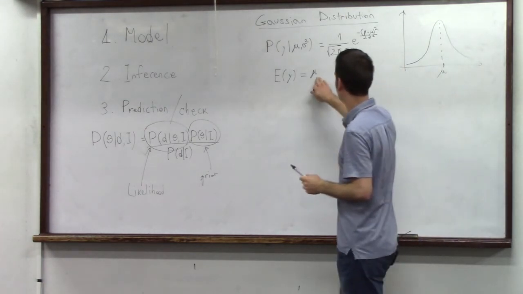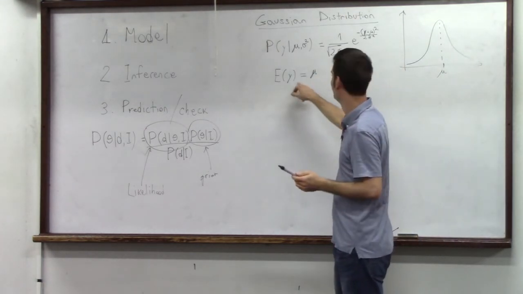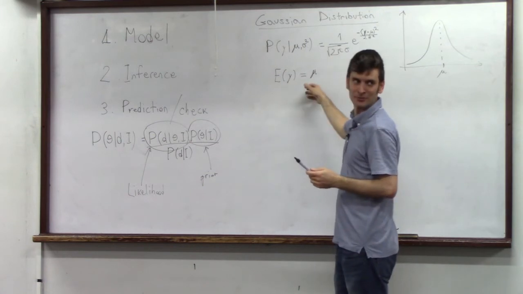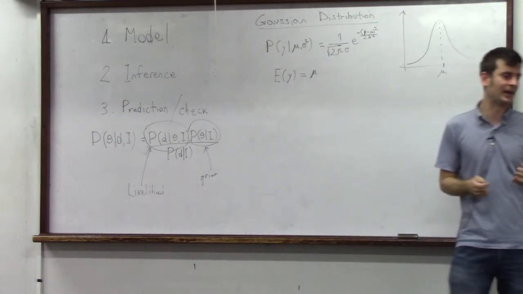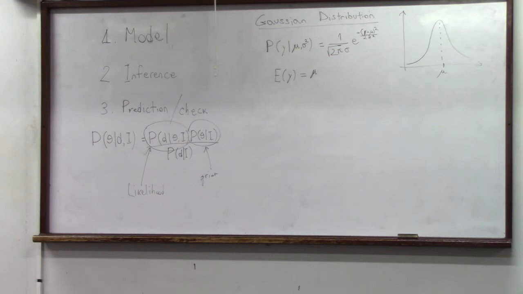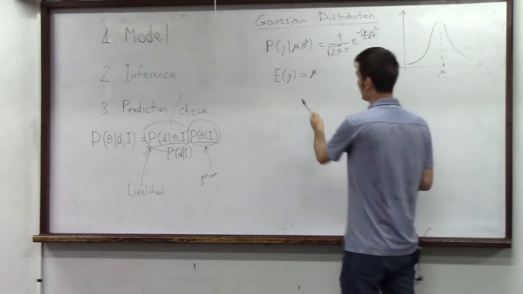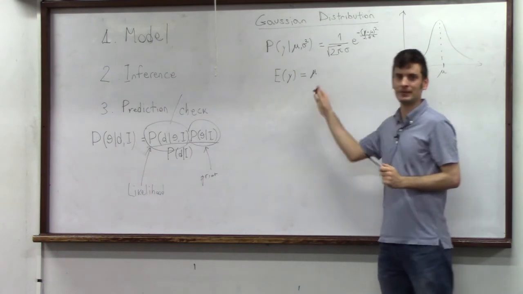One can derive that the mean value of this variable is mu, which can be interpreted as follows: if I have this distribution and I draw random numbers from it, and then I take the mean, in the limit of large numbers, I expect to find this value.